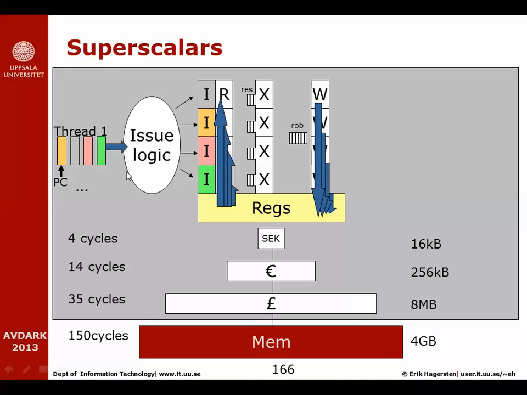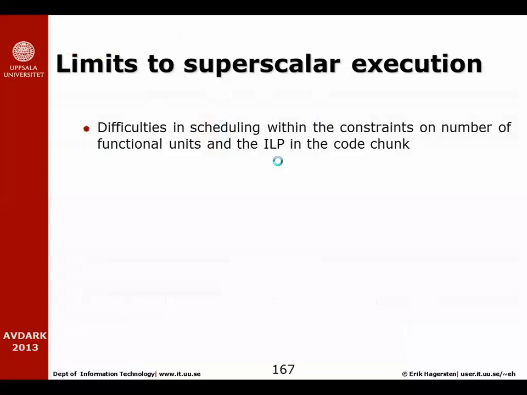Actually, the hardware detects the instruction level parallelism, which instructions we can work on, and reorders the execution in such a way that we can maximize the number of instructions we are working on. So one of the limitations with superscalar execution is that we still have a limited number of execution units, and sometimes we find lots of instruction level parallelism in a short basic block.